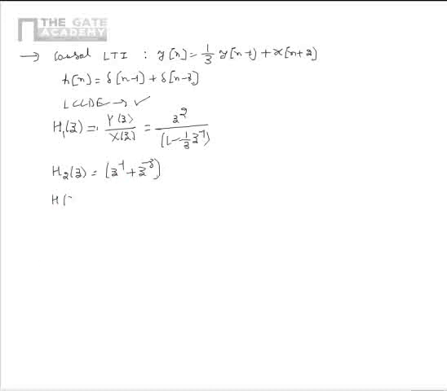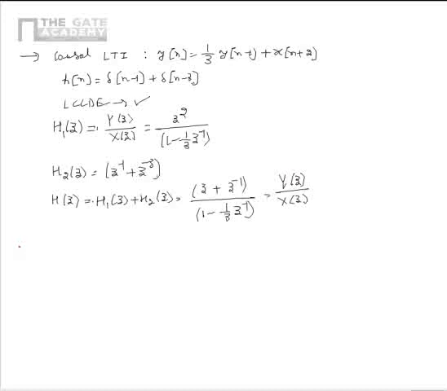From this, we see that the system function of the overall system can be written as h1 of z into h2 of z. This is equal to z plus z power minus 1 divided by 1 minus 1 by 3 z inverse, which should be equal to y of z divided by x of z.